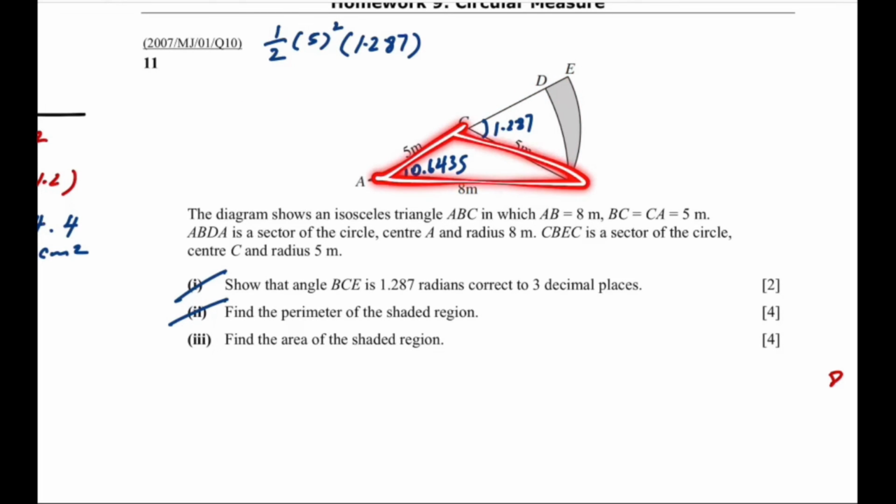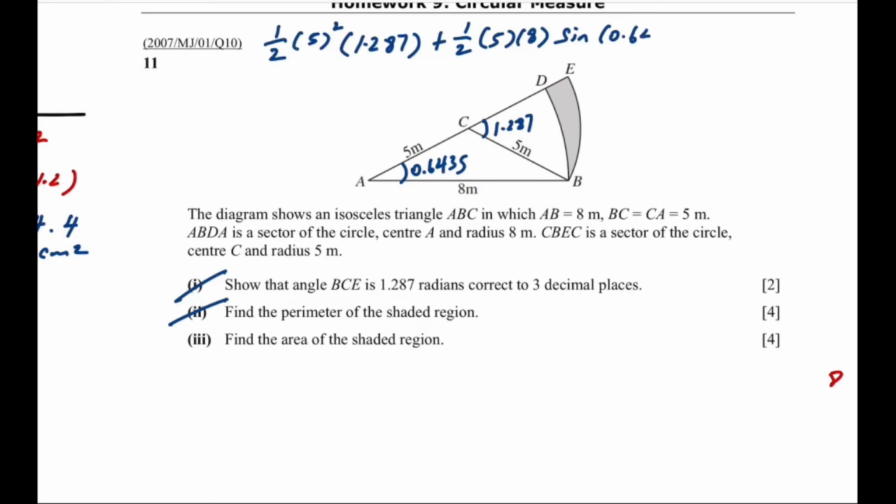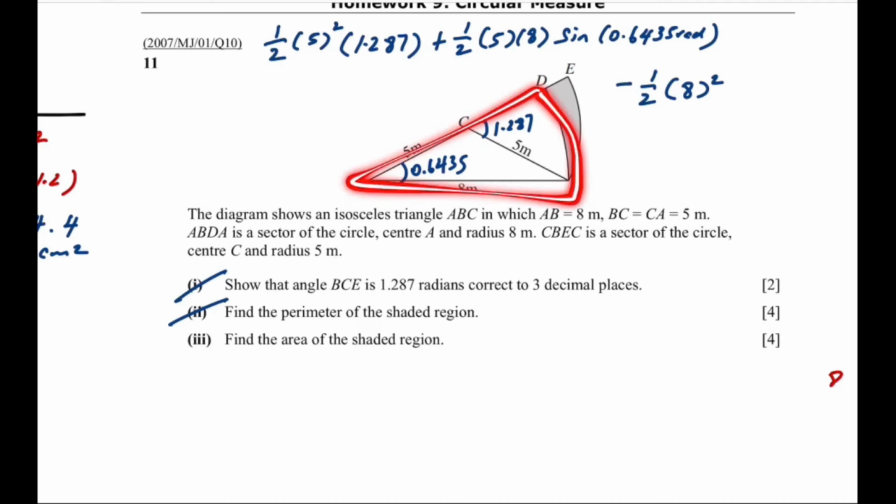Area of this triangle, 1/2 AB sine C. Okay, so you have everything, right? 5 times 8 sine 0.6435 radian, minus the sector of this sector, right? So the R is 8, and then the angle is 0.6435.